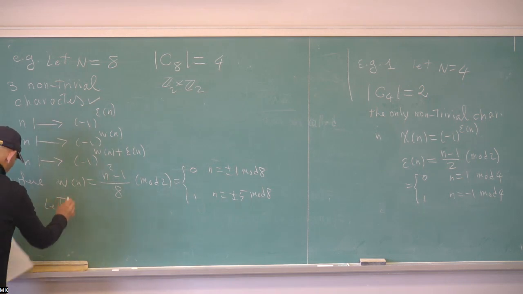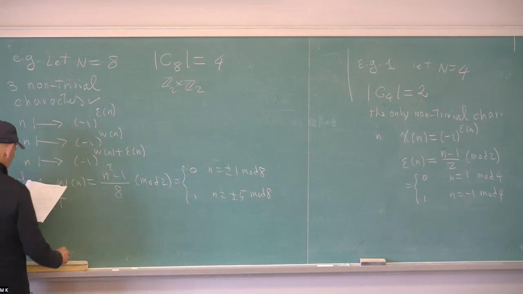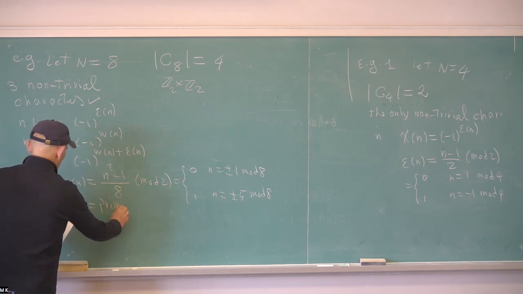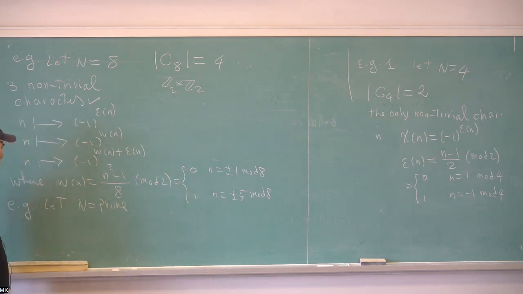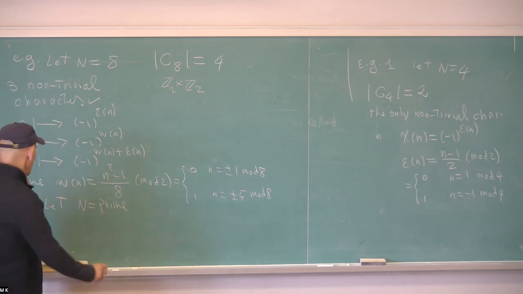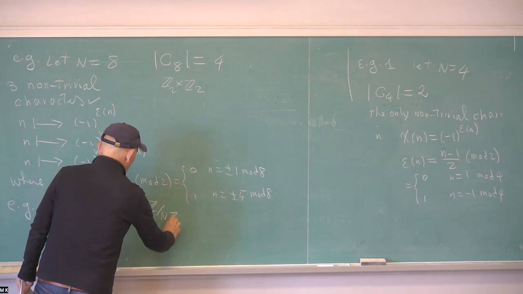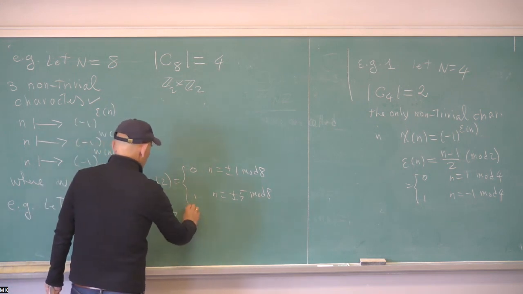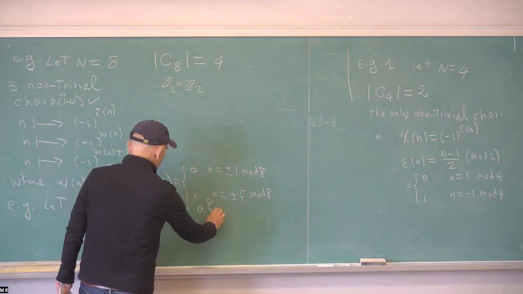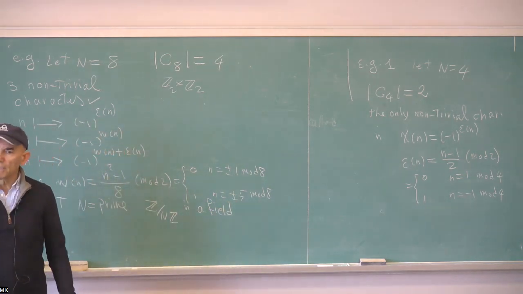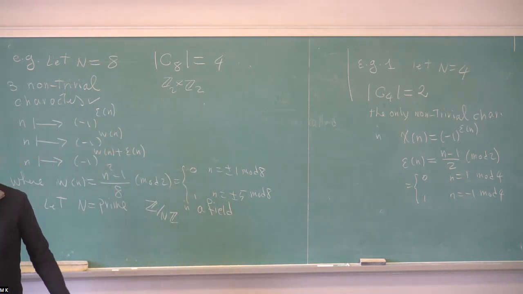So now in this case, let n be a prime. So we look at the case of prime, and then, of course, in this case, Z over nZ is a field. This is a field if and only if n is a prime.